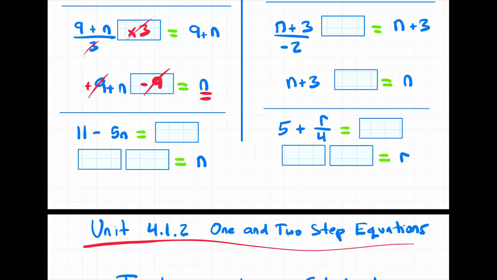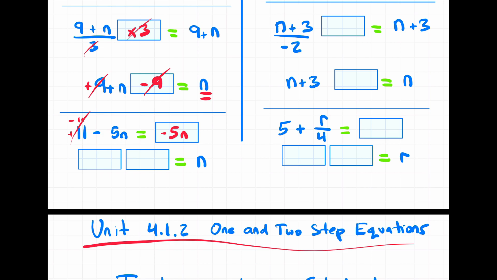And because it's a positive 11, I'm going to want to subtract 11 to cancel those. Actually, we wouldn't do it that way. Let's just see the way it's written right here. We would want to subtract 11 from this positive 11, canceling those two, leaving us with a negative 5n.